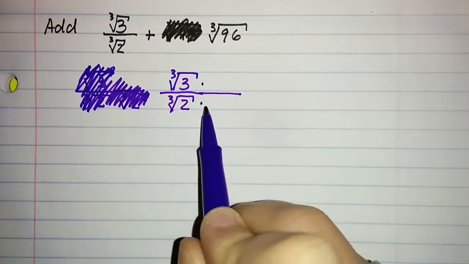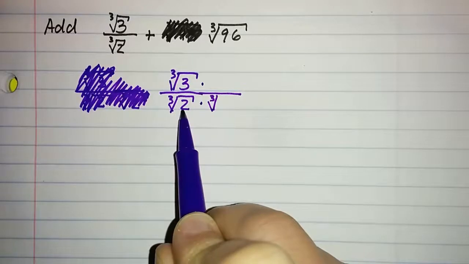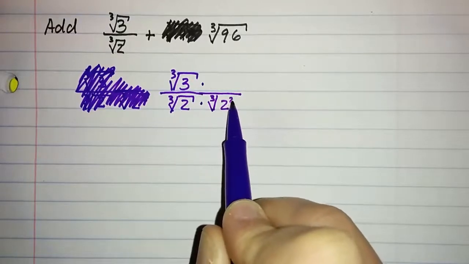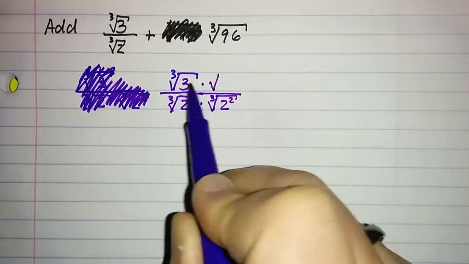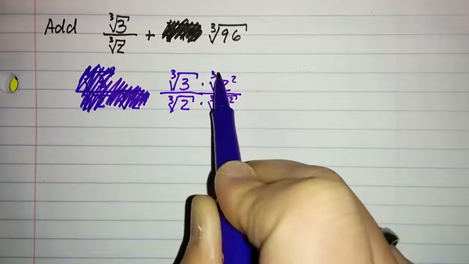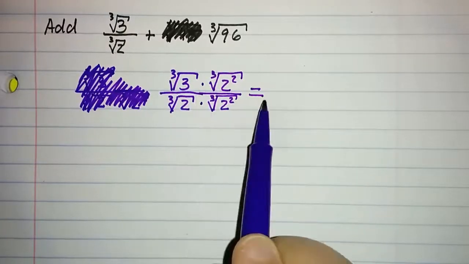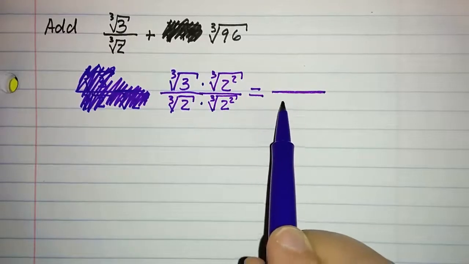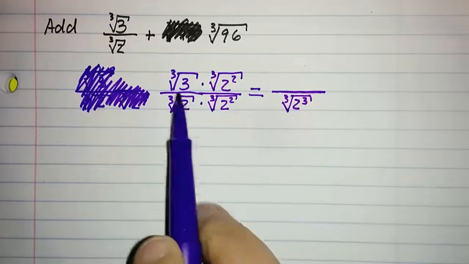2 is already prime, so I need to multiply it by 2 squared to get 2 cubed. So I'm going to multiply the numerator also by the cube root 2 squared. And I'll be left with the cube root 2 cubed in the denominator.